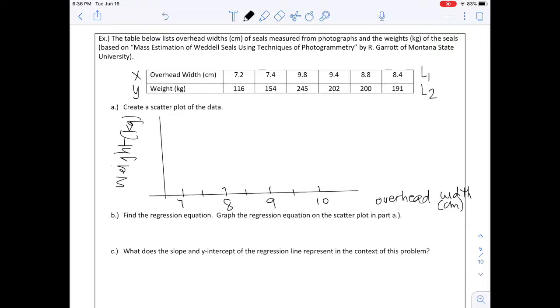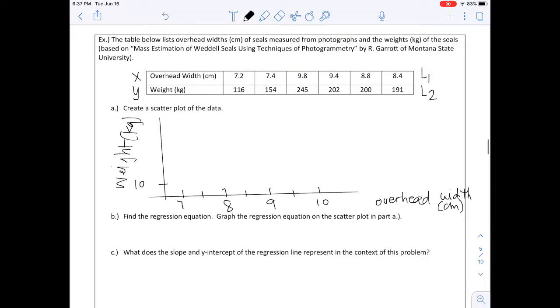I'm counting by 1s, and I put little center dashes in there to count as 0.5s. Our weights for our seals, the smallest weight that we have is 116, and the largest is 245, so close to 250. So I'm going to count by 50s, and I'll make my smallest weight be 100. So 100, 150, 200, and then 250.